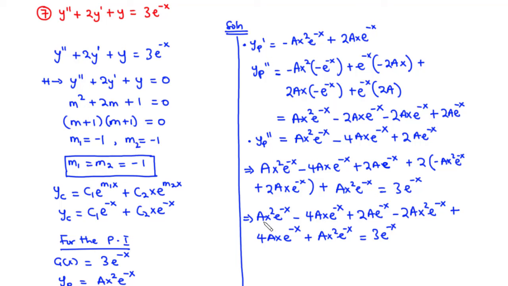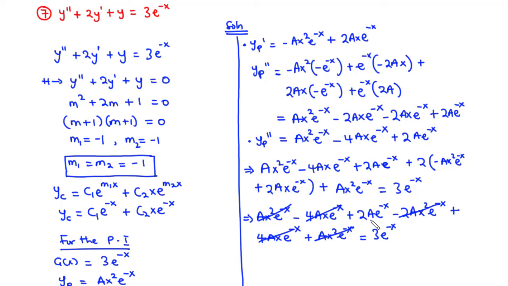Now here we have ax squared, we have negative 2ax squared, and then we have ax squared. So ax squared plus ax squared becomes 2ax squared minus 2ax squared, so it goes to 0. And then we have negative 4ax, and then plus 4ax, so this also goes to 0.